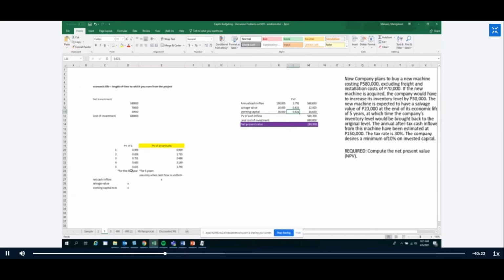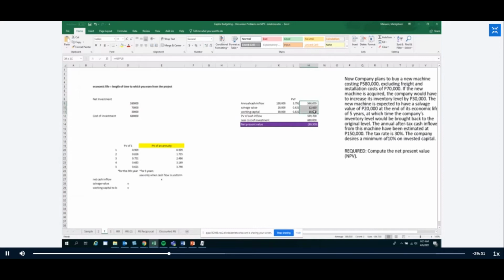So pagdating lang din ng 5th year, no? So hindi ka naman nagre-release ng working capital ng period 1, 2, 3, 4. Dapat dun ka lang, well, according to the problem, it's towards the end of the life of the machine, no? Or in this case of the project, no? So that's 6.21.